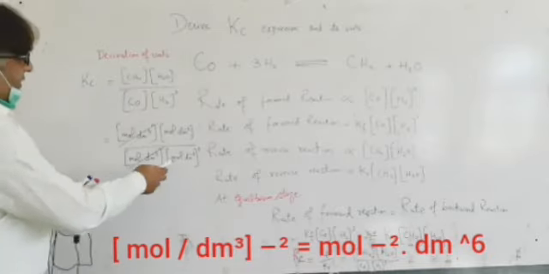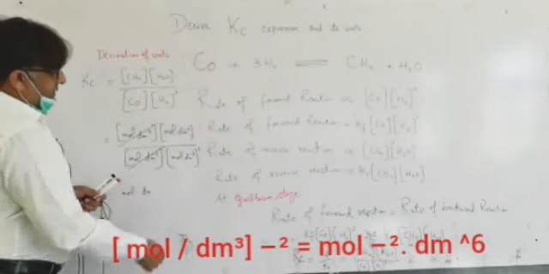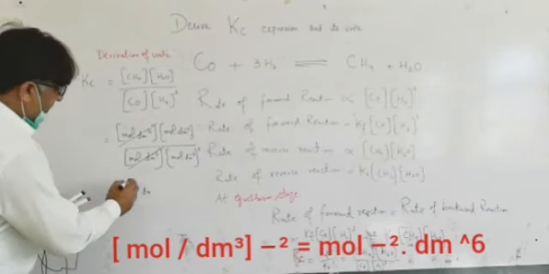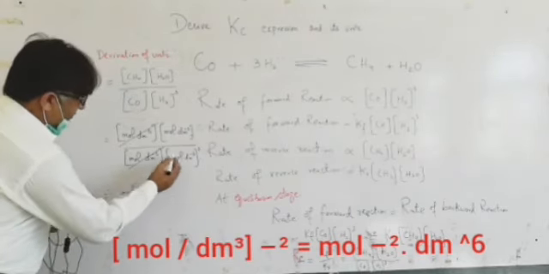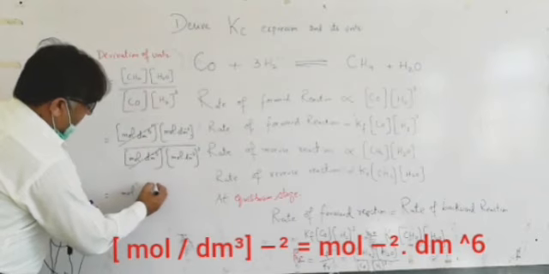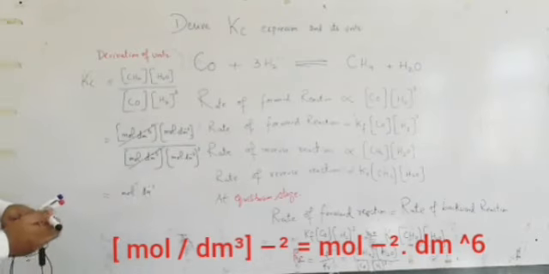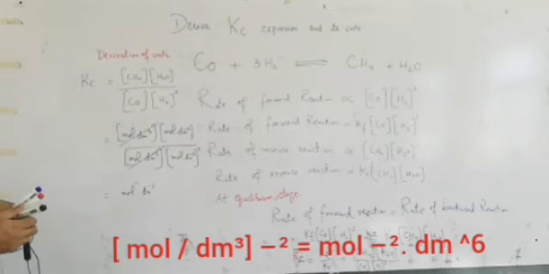How many units will remain there? One unit will be cancelled, right? And the remaining units will be mole inverse dm6, right? So these were the units that you derive at the end of this calculation.